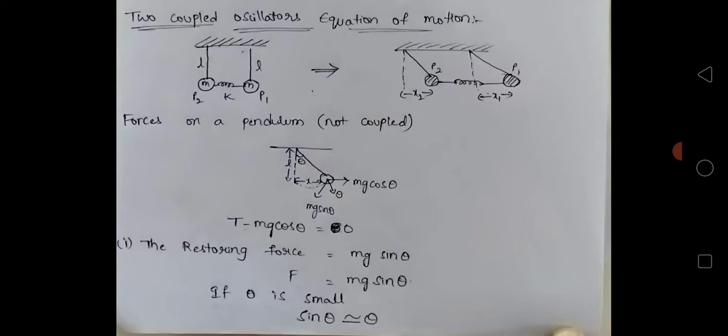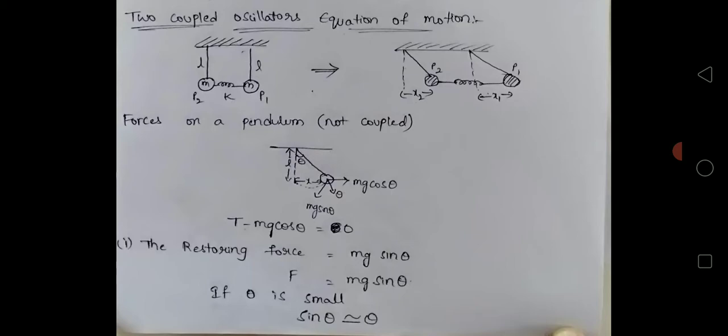Now we are taking the restoring force, which will be opposite, right? That's why we wrote the restoring force. So the first one, the restoring force is equal to mg sin theta. F is equal to mg sin theta. Why are we writing F here? Restoring force is denoted by F.